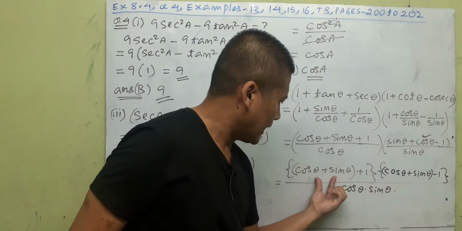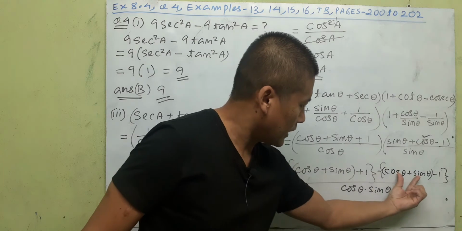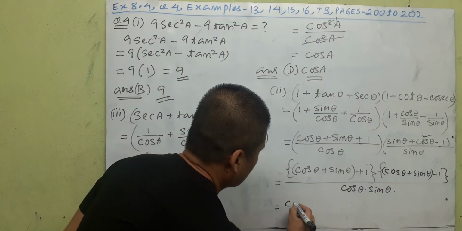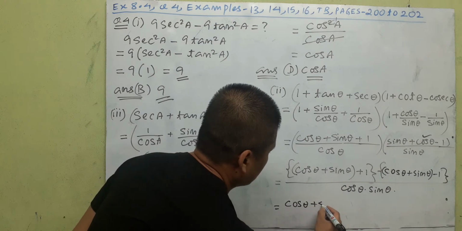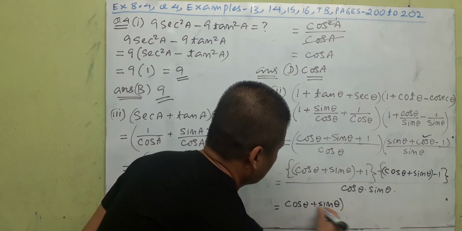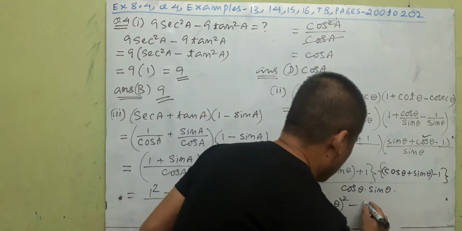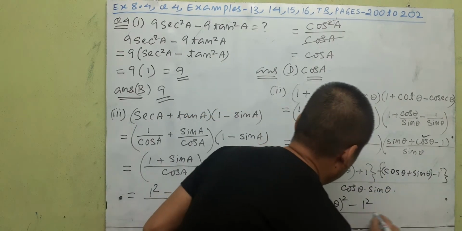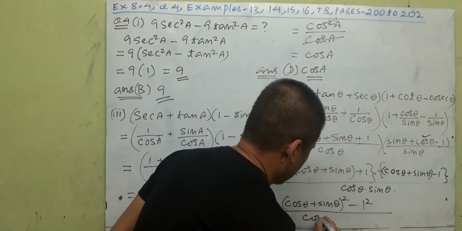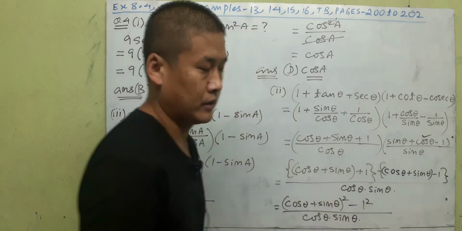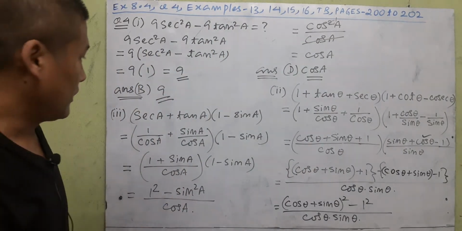So it will be like A plus B into A minus B. So we'll get that format, A square, that is cos theta plus sine theta whole square, minus B square, so 1 square, divided by, this one will remain same, cos theta into sine theta. Okay, now let us continue solving.